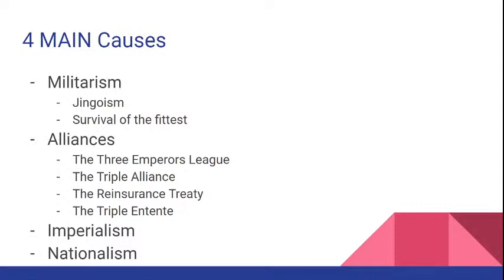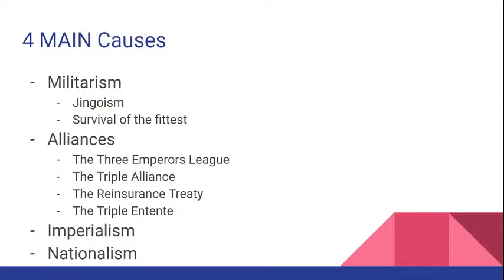Adding on to militarism, European armies also built up their armies using a draft, and this was before World War I, in the 19th century. So in the 1800s, they were building up their armies, and as their armies began to mobilize, other nations began to follow suit and mobilize their armies as well to protect themselves.